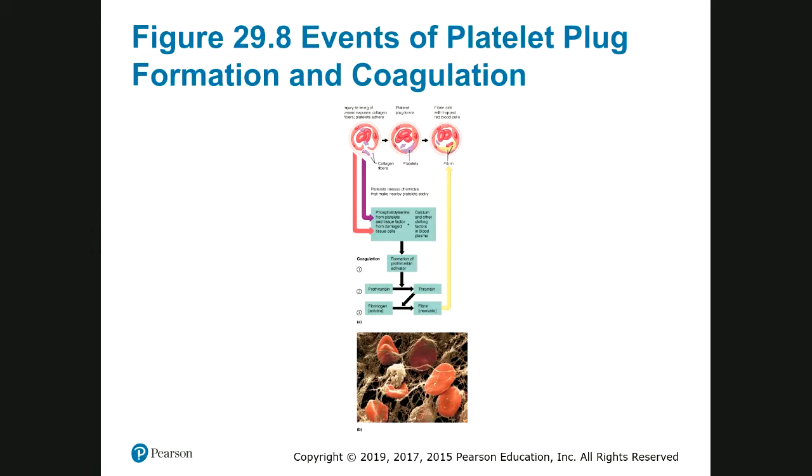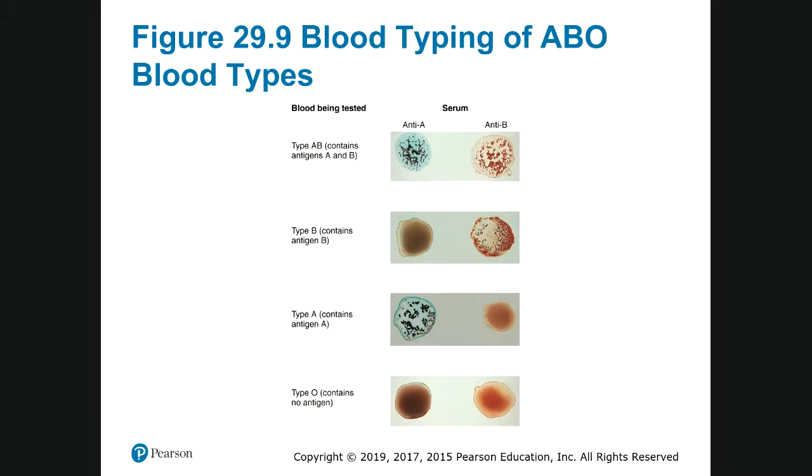Also the typing. When I give you a sample of blood, you are going to be able to determine which blood type it is. For example, you have to know that type A blood means that you have antigen A on their surface and the antibody anti-B circulating in their plasma, and type B blood means that they have antigen B on their membrane surface, and they have an anti-A antibody in their plasma.